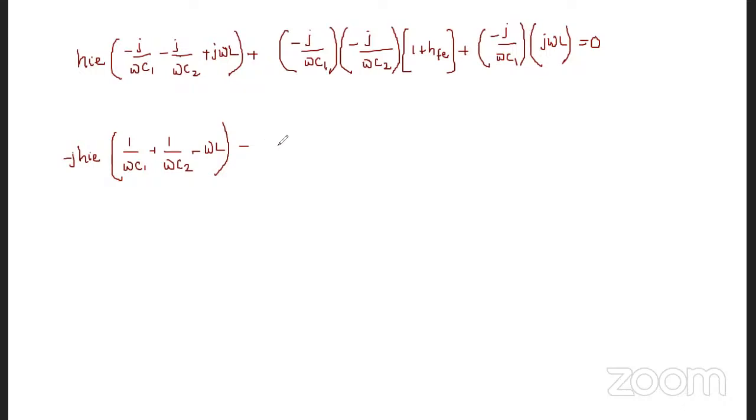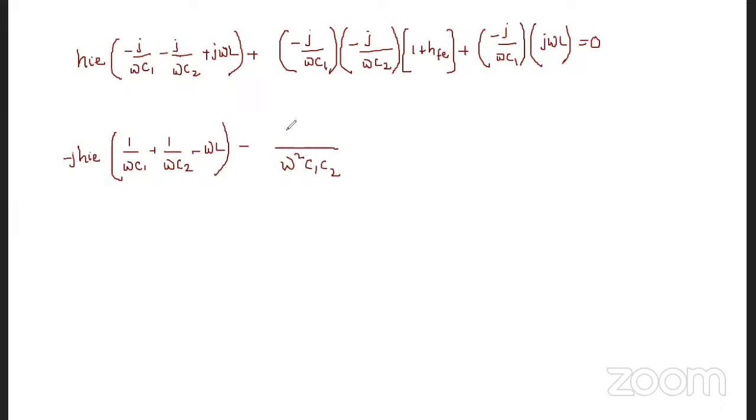We will get omega C1 omega C2, so it will be omega square C1 C2. j is taken common in all the cases. So the first case, it will be 1, here also 1, and here h_fe is there.